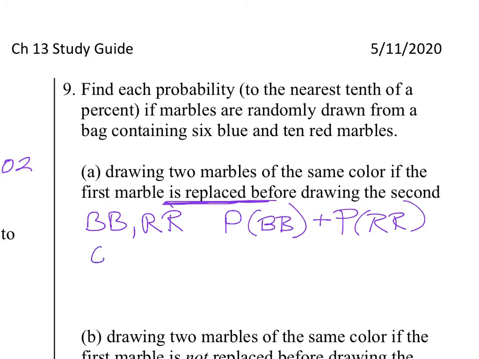I have 6 blue out of 16 marbles. The second marble is blue. Well, I only have 5 blue left. And no, sorry. I actually have 6 again because it's replaced. And reds, I have 10 reds.